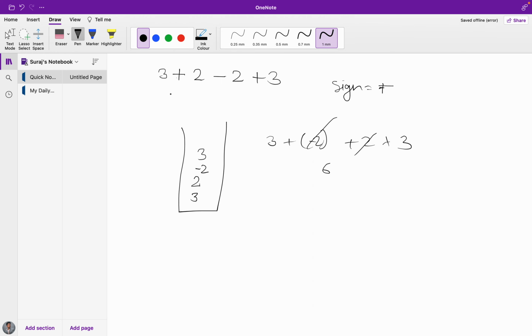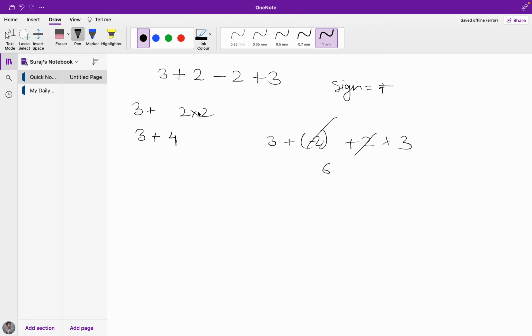Okay, so let's see what will happen when we have a division or a multiplication operator. I hope you know the BODMAS rule, right? If there is multiplication or division, then the preference is given to them instead of plus or minus. So if I have 3 plus 2 into 2, then 2 into 2 will be solved first.